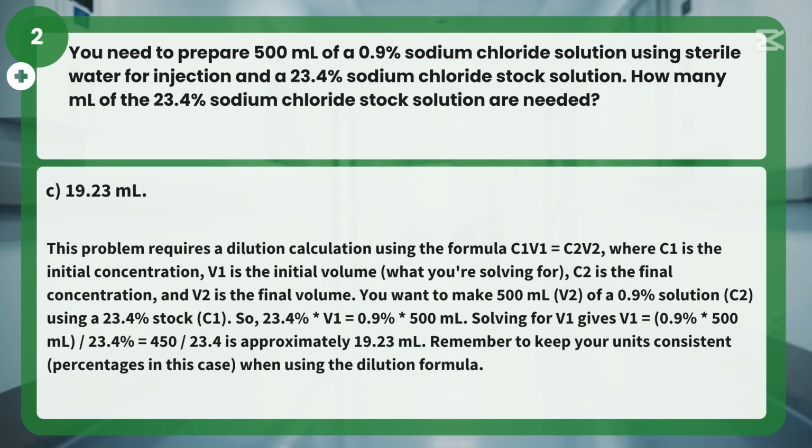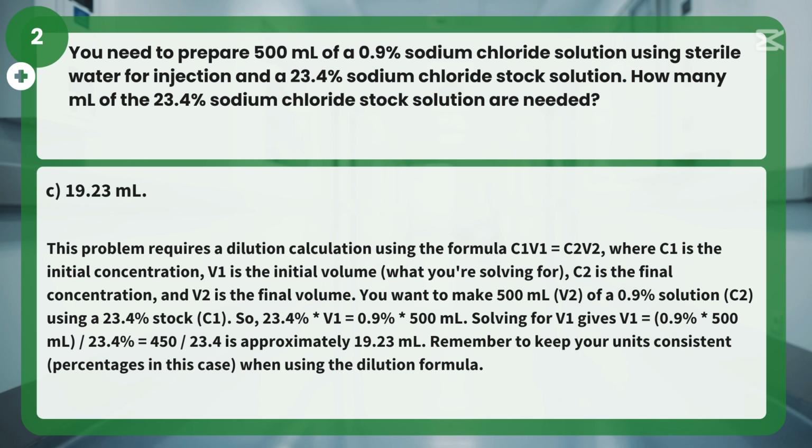Answer: C. 19.23 milliliters. This problem requires a dilution calculation using the formula C1V1 equals C2V2, where C1 is the initial concentration, V1 is the initial volume, what you're solving for, C2 is the final concentration, and V2 is the final volume. You want to make 500 milliliters, V2, of a 0.9% solution, C2, using a 23.4% stock, C1.